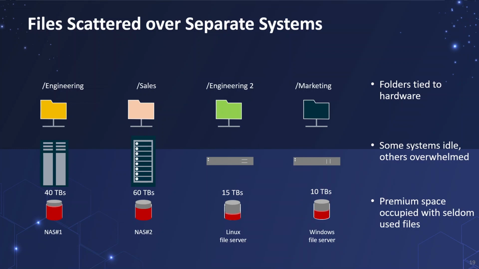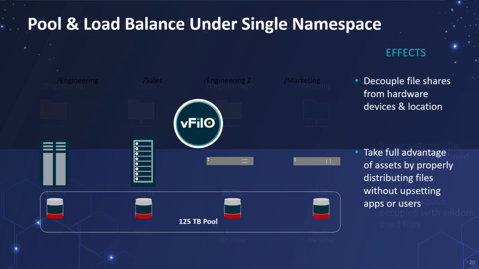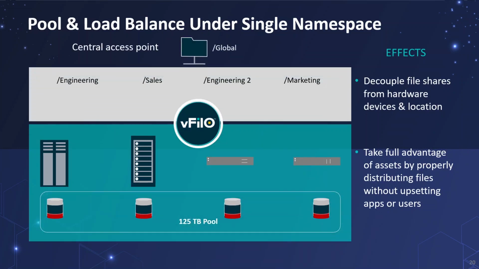So instead of focusing on the hardware-centric data storing mechanism, we want to provide a unified namespace by decoupling the file sharing from hardware devices and locations to make a simple unified access point.